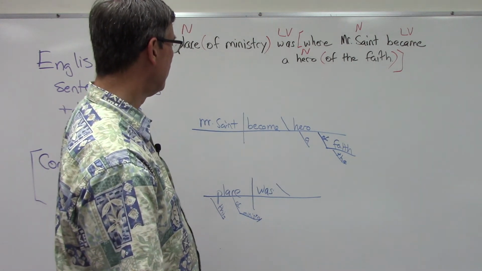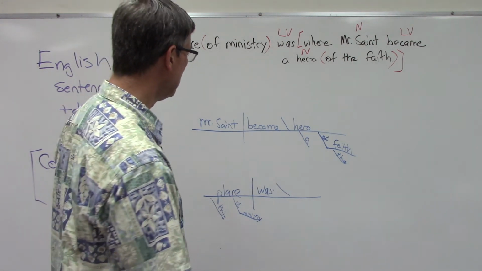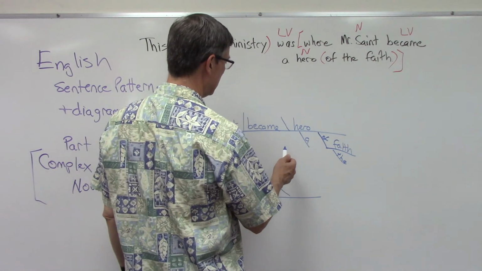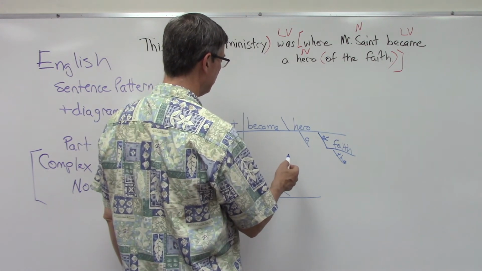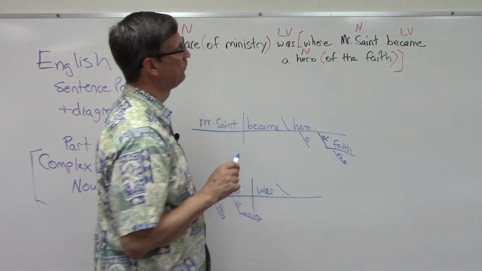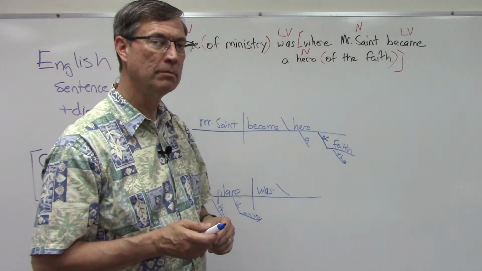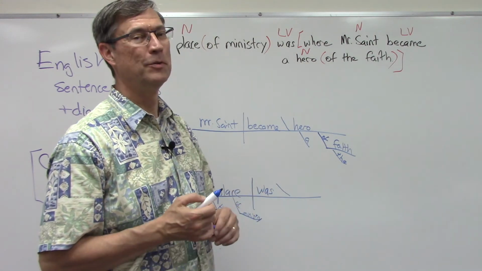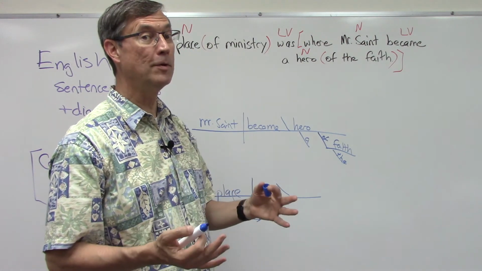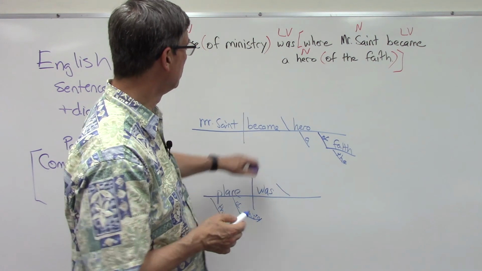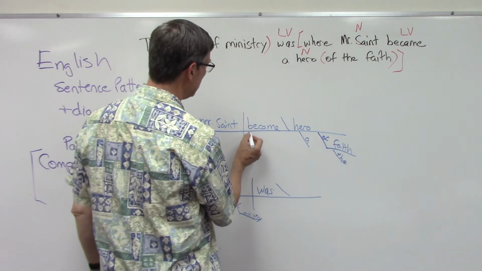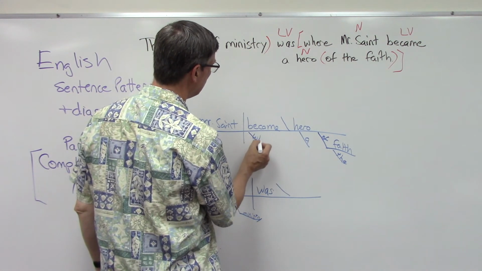So, first of all, well, I'm not sure which one we want to do first. Let's talk about the word where. In this case, where answers the question where, which means it is an adverb. So we're going to put the word where under the word became.